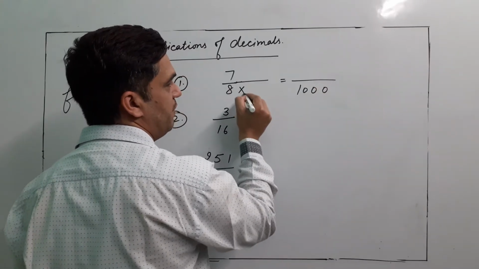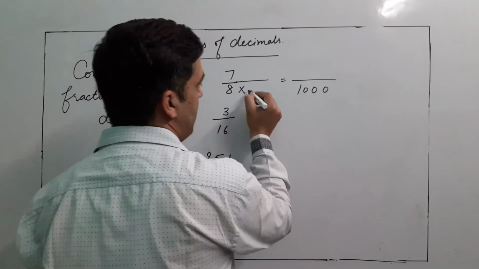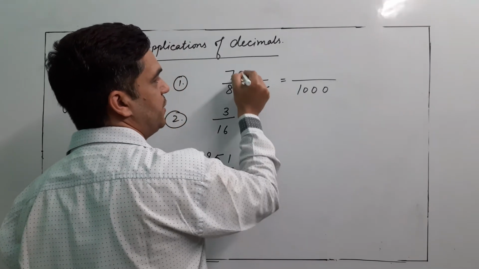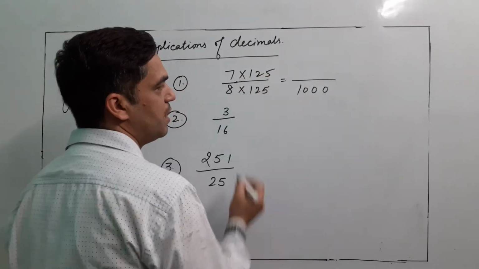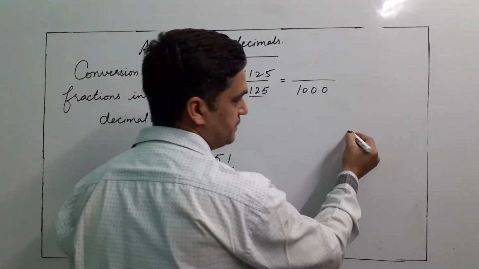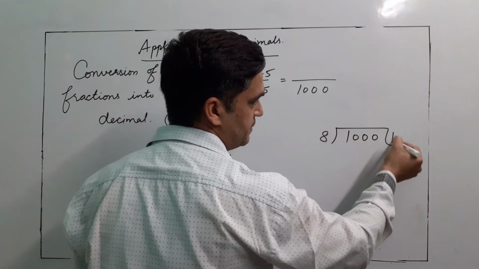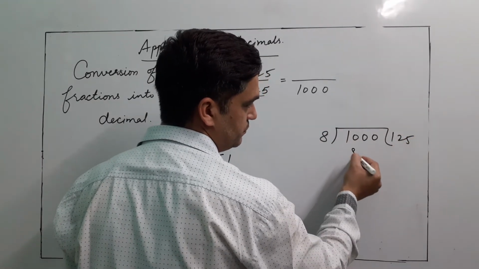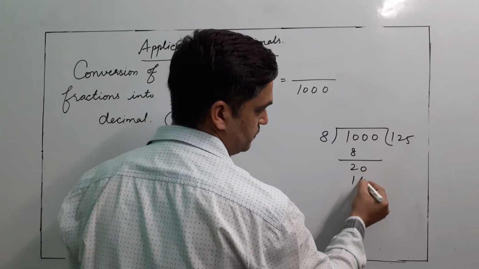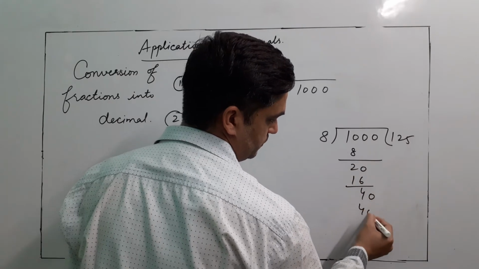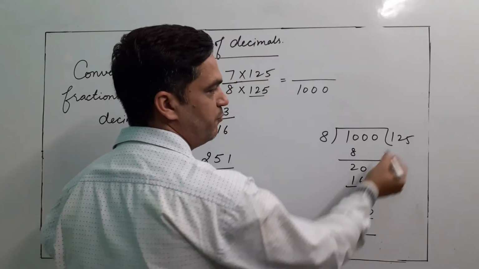So what will I do? I will multiply this by 125. How did I get it? 1000 divided by 8 will give you 125.